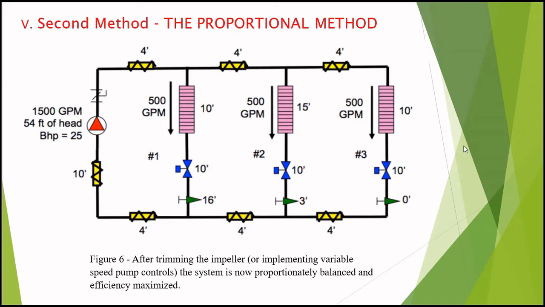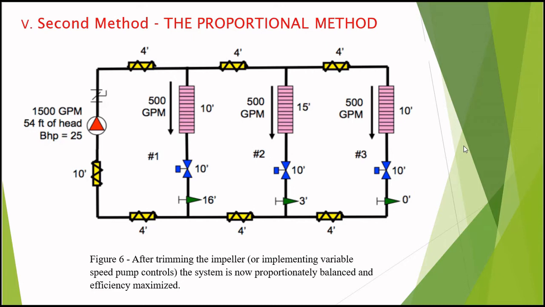We have to note that we are now back to 54 feet of head, which is 70 minus 16 equal to 54 feet, which is exactly what we need. And the valve at our most critical zone is completely open.